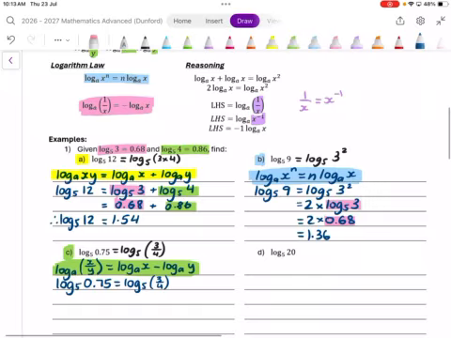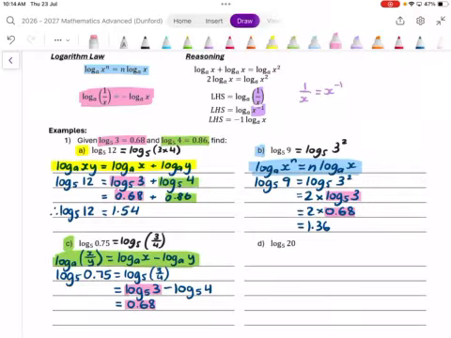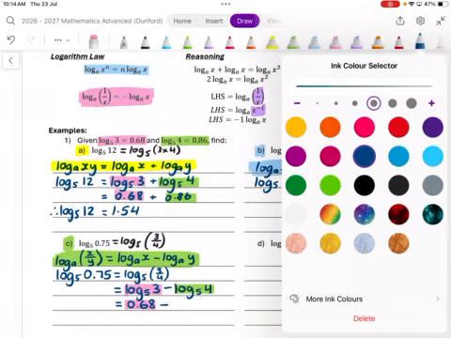Okay, so we can use that law and we will have log base 5 of 3 minus log base 5 of 4. Now, we know that log base 5 of 3 is equal to 0.68 minus our log base 5 of 4 is equal to 0.86.